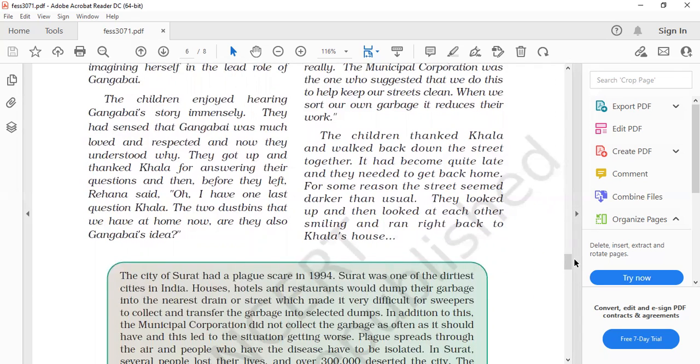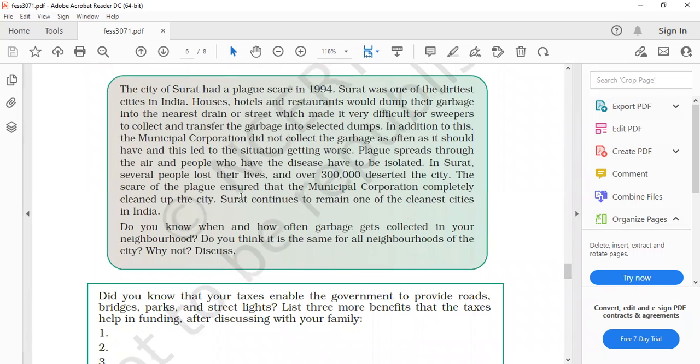It's very important to read your textbook very carefully. Then come to this box. Again, this is a very important section.